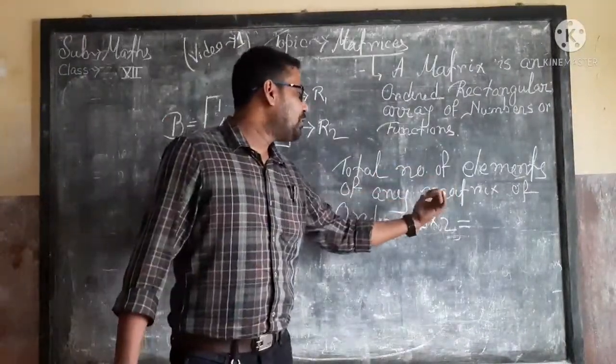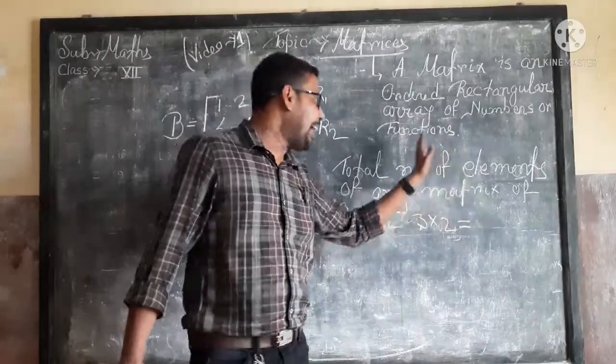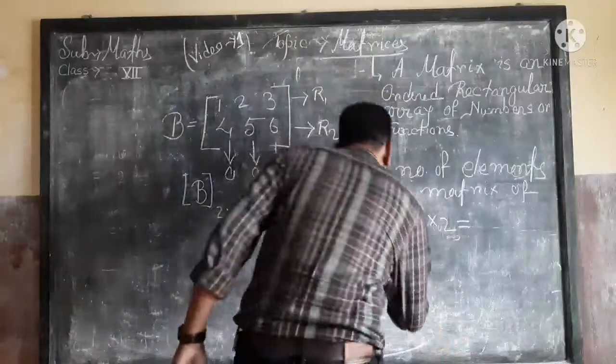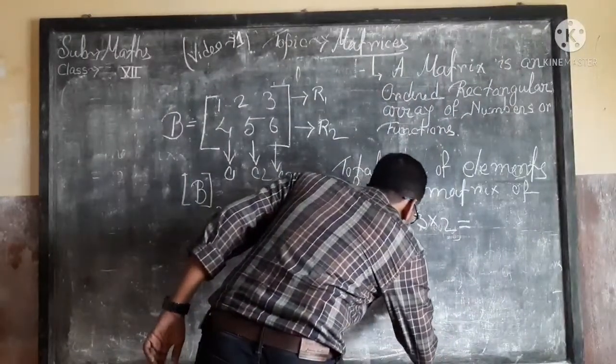What is the order of this given matrix? It is 3 cross 2. So the total number of elements of this matrix is the value of 3 cross 2, which is 6.